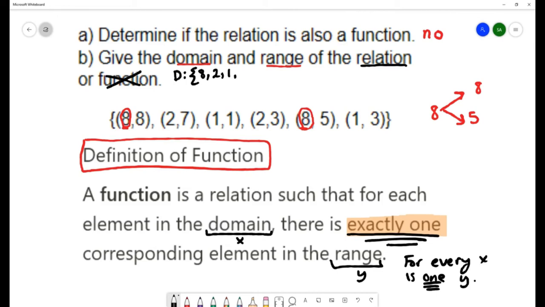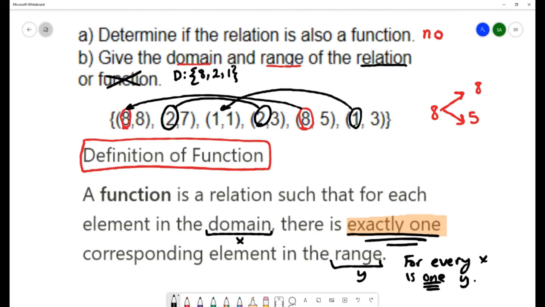I have another 2. So that 2 is the same as the 2 from earlier, so I don't need to write it again. This 8 is the same 8 from earlier. We don't need to write it again. And this 1 is the same 1 from earlier. So our domain only consists of three numbers, 8, 2, and 1.